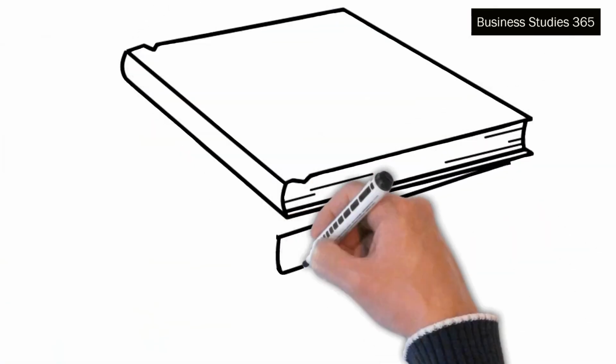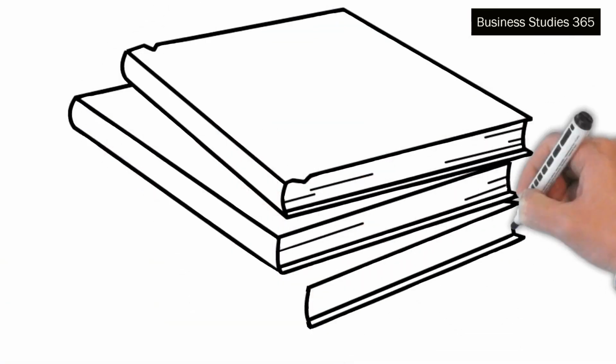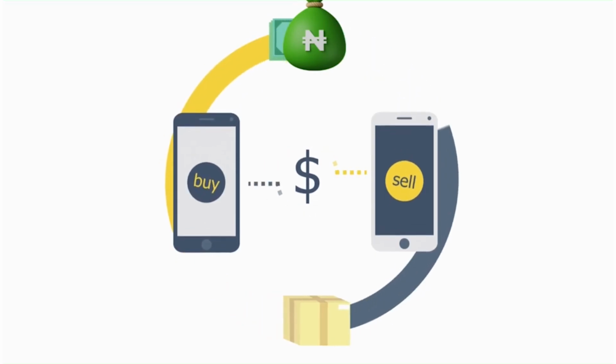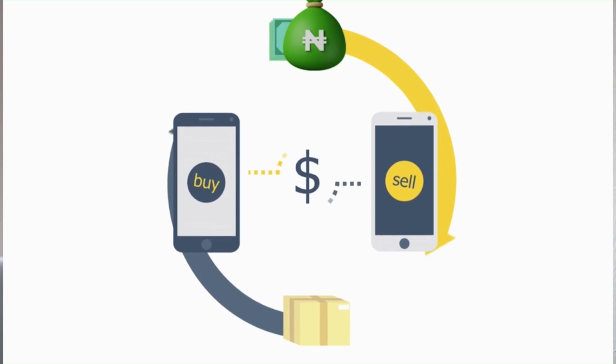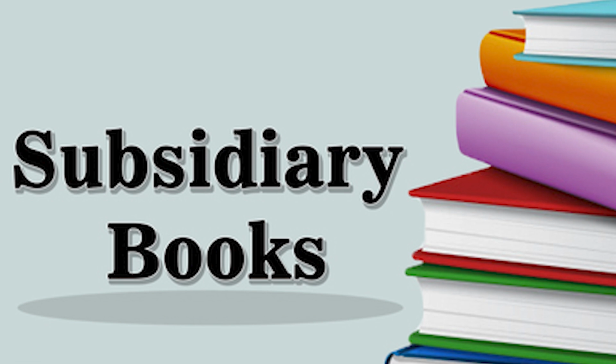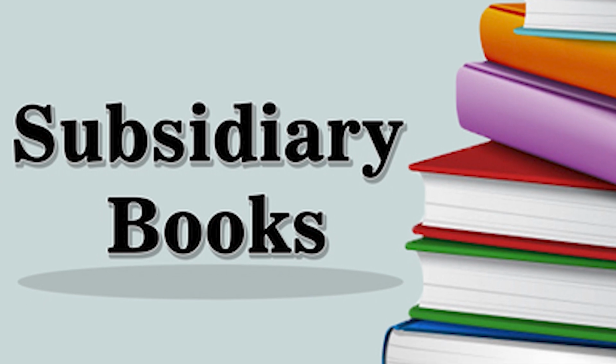Now, the subsidiary book of accounts is just like a diary, a journal that shows the day-to-day transaction of a business organization without specifying accounts. The subsidiary book of accounts makes it possible for the same category of transactions to be recorded in separate books.